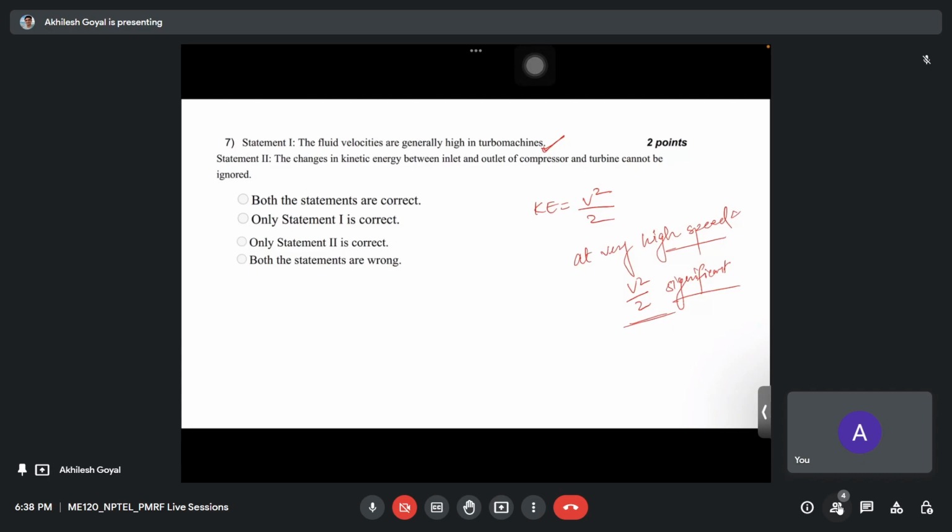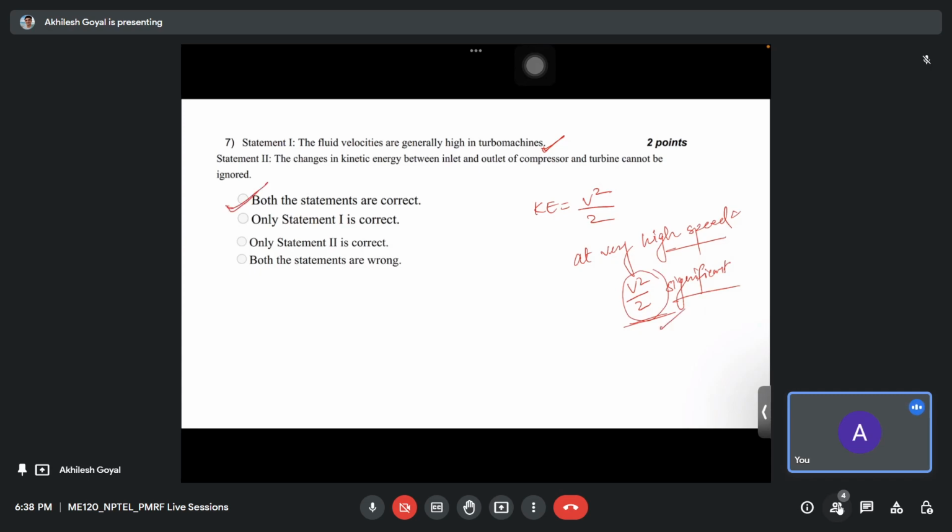Both are true. So this second statement is true because at very high velocities, this component, the KE component, that is v square by 2, is significant enough to consider and cannot be neglected. Okay. So this is the right statement. So both the statements are correct.